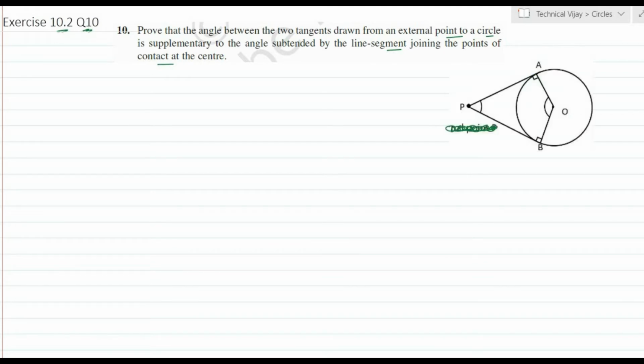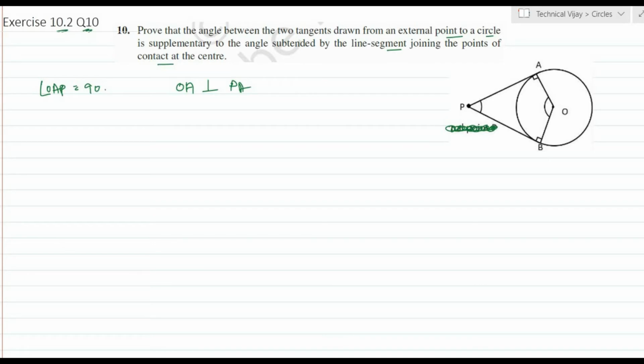Here, the angle OAP is equal to 90 degrees because OA is perpendicular to PA.